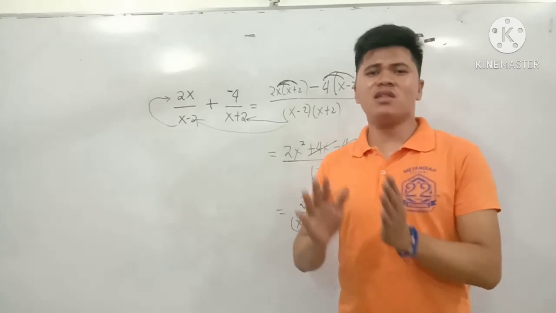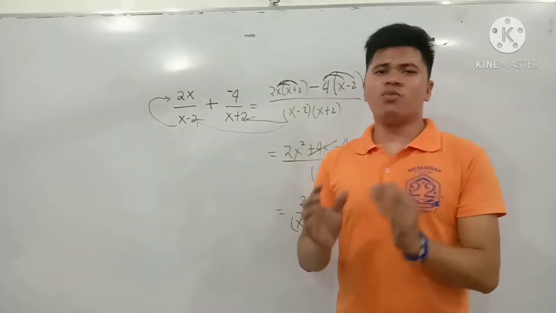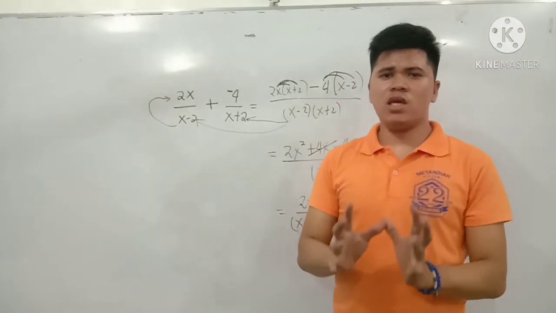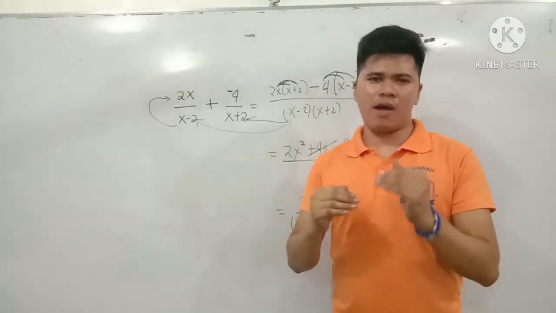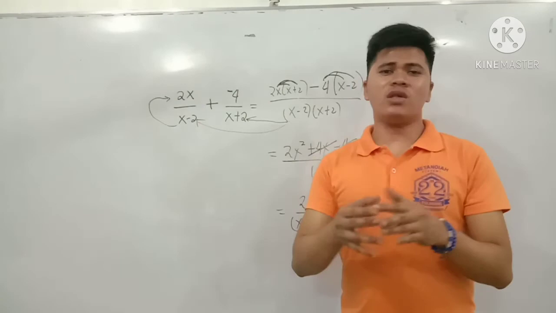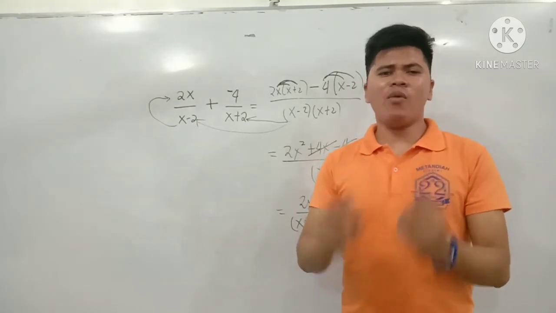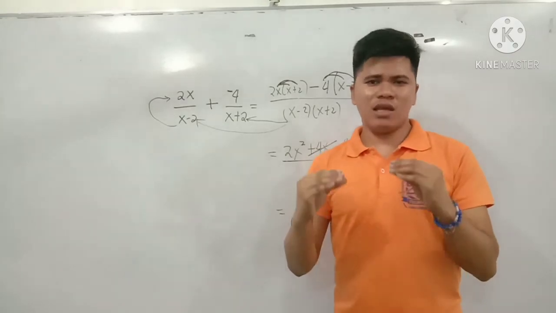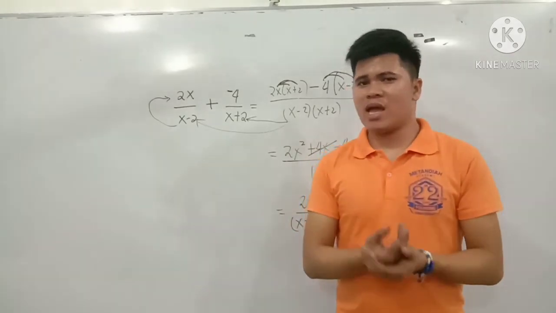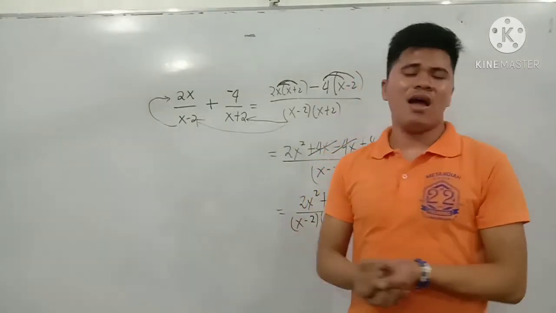And then by getting the LCD, we have to factor the denominators. Then we have to align all the factors. And then we see to it that our numerator and denominator are written in their lowest terms. And we have now our final answer.